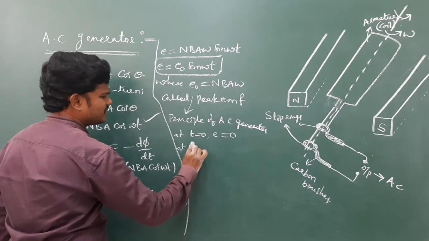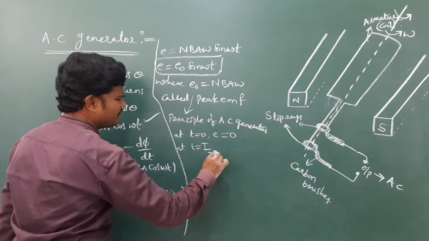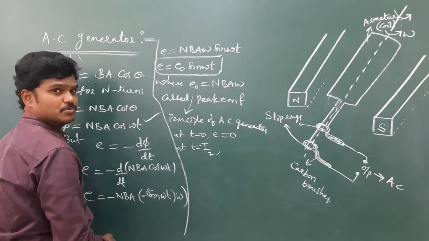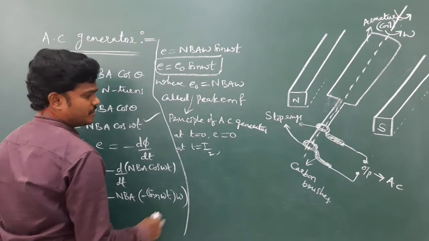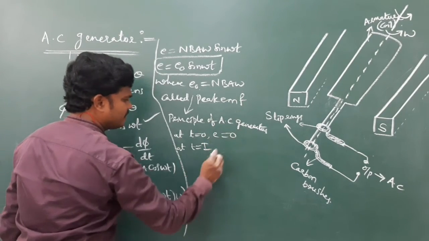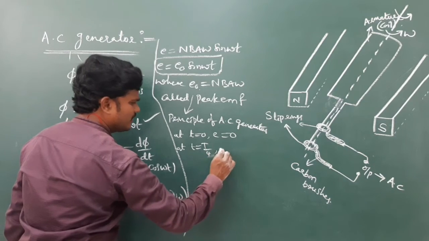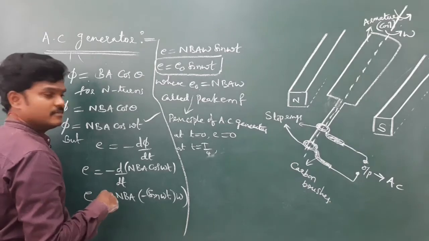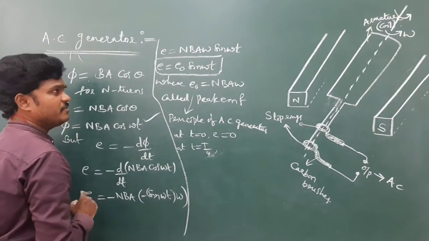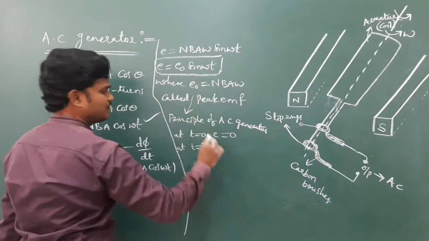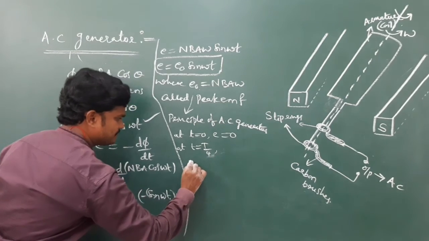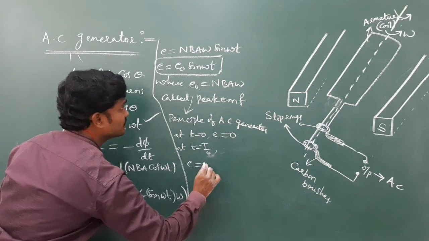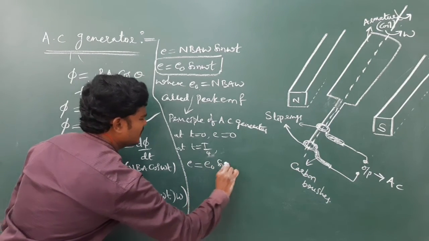If I substitute t as half the time period, T by 2, or otherwise let me find it with a quarter time period, T by 4. Let me check whether the EMF is 0 or maximum. At t equal to T by 4, E is equal to E naught sine of omega t.